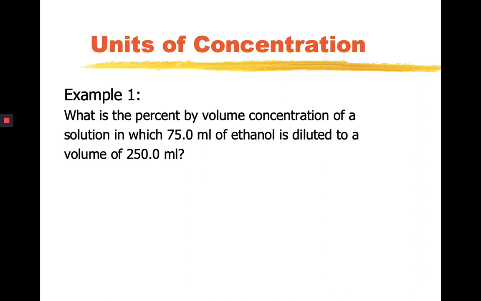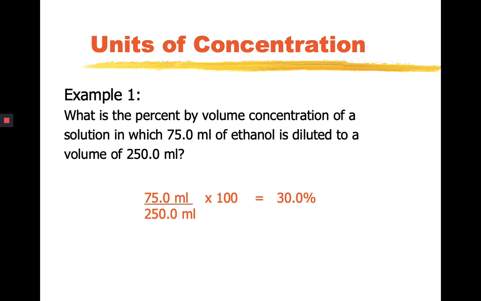So here we have 75 mL of ethanol and the total volume is 250.0 mL. This is now our volume of the solution. So we just divide 75.0 mL by 250 mL, times 100, so that we get the percent by volume. That is a 30% solution of ethanol.